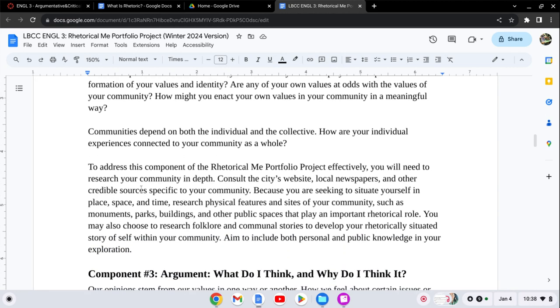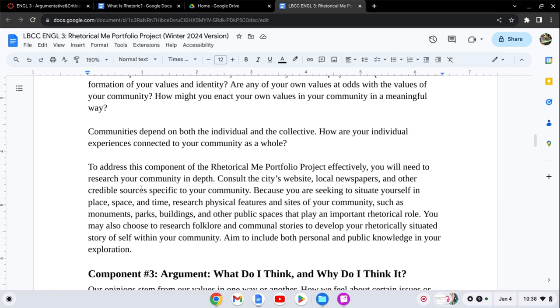To address this component of the Rhetorical Me Portfolio Project effectively, you will need to research your community in depth. Consult the city's website, local newspapers, and other credible sources specific to your community.